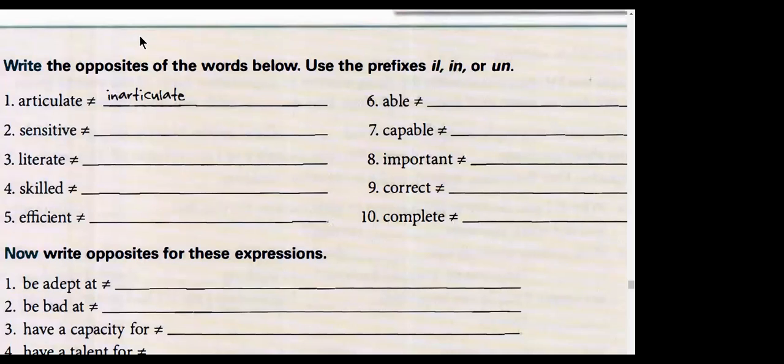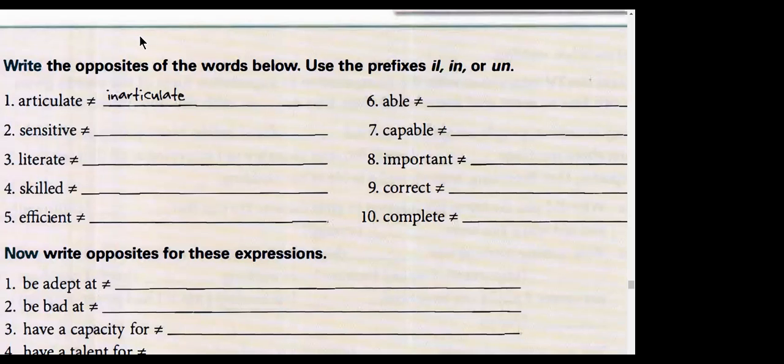Illiterate. Illiterate, right? Insensitive. Okay. Illiterate. Skill, unskill. Yes. Is that correct? Yeah, that's correct. Thanks a lot.